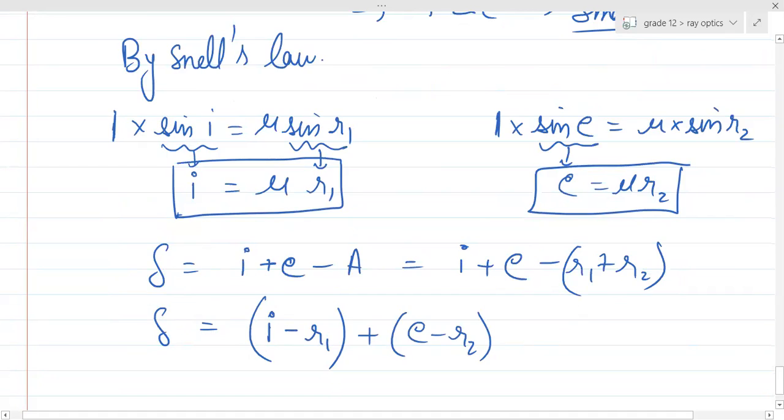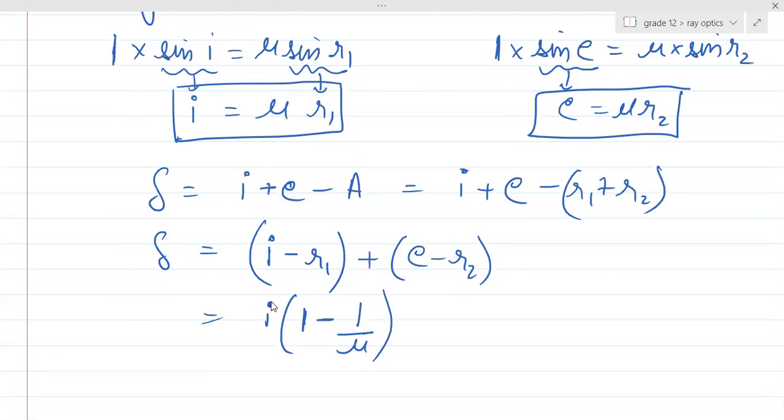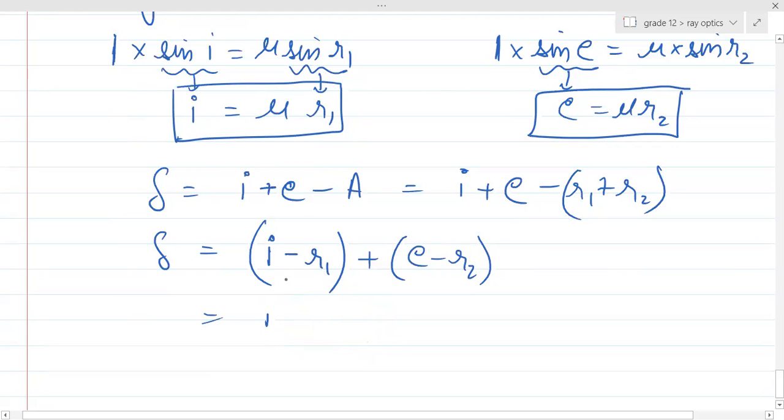I'm writing the basic one, right? So can you see R1 will be equal to I upon mu.